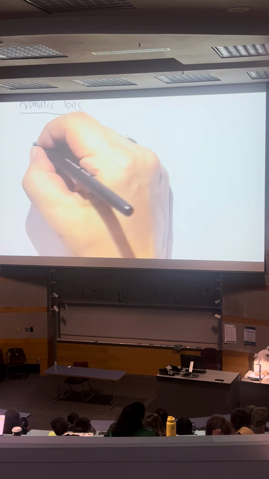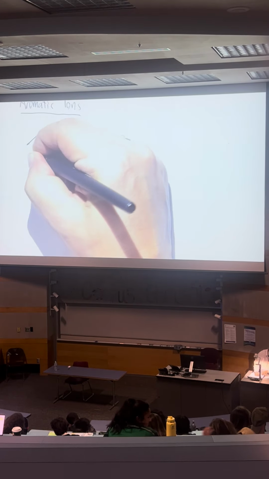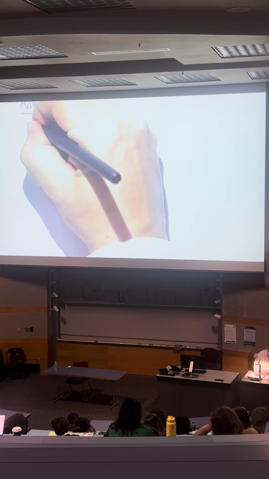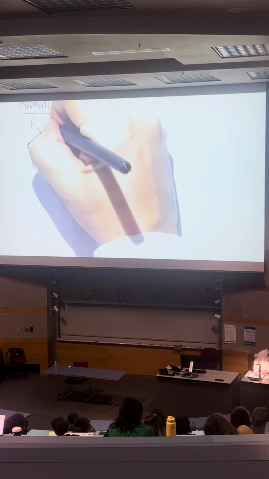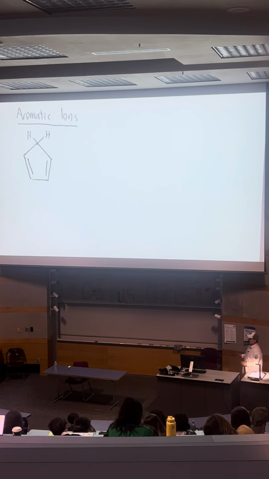Okay, and so I'm going to draw cyclopentadiene. I'm going to draw it a little bit funky because I'm going to show you that the chemistry I'm going to do on this is going to be two possibilities. These hydrogens upstairs, so these are a CH2 upstairs. But I'm drawing the hydrogens there, going to show you that we're going to run some chemistry at that carbon and pull off those protons.